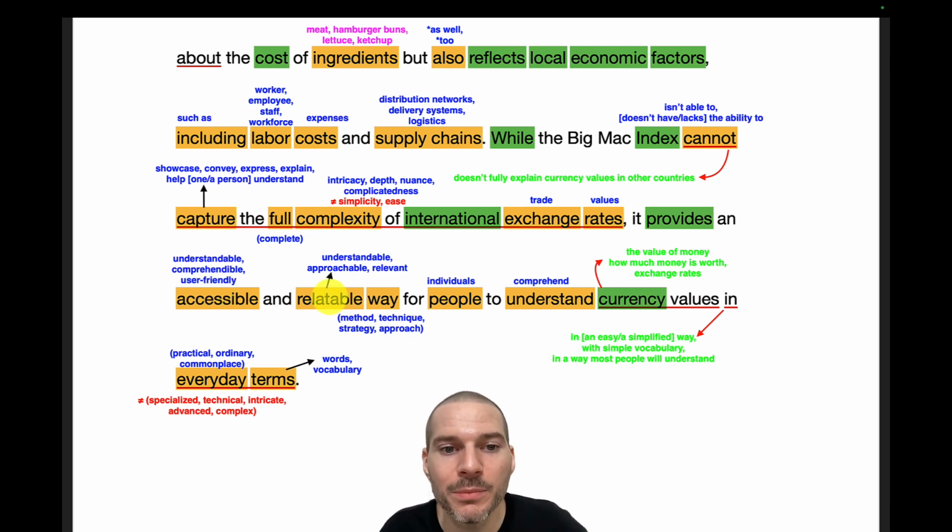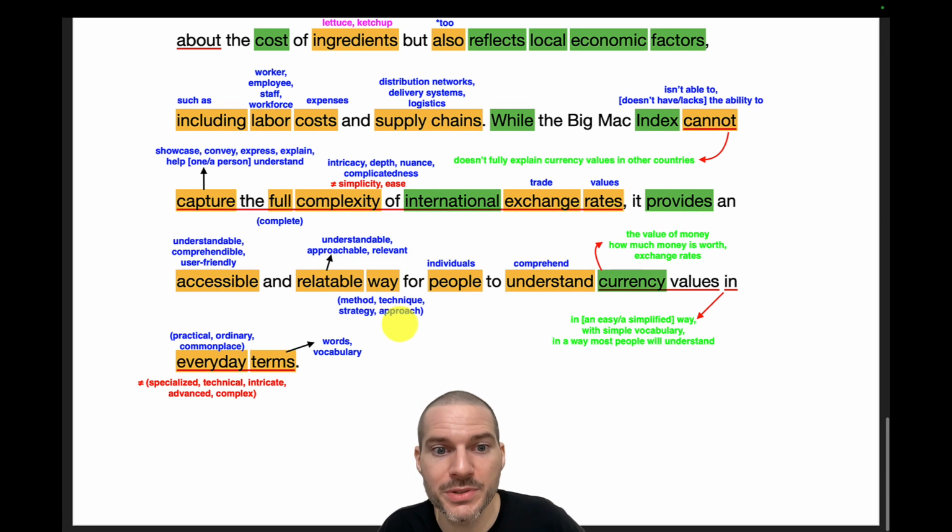And relatable. So relatable also means understandable because we can relate to McDonald's. I think most people know what McDonald's is. Approachable or relevant. Way. So under the word way, I wrote the synonyms. Method, technique, strategy or approach for people or individuals to understand or comprehend currency values.